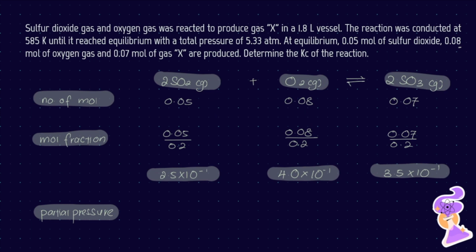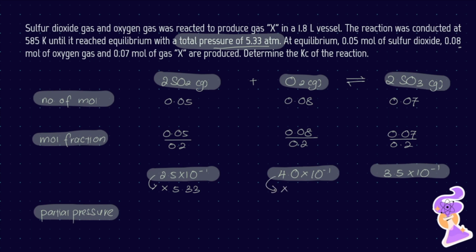Alright, so if we look closely at the question, it gives us the total pressure, which is 5.33. So basically, from the mole fraction, we can calculate the partial pressure by multiplying with the total pressure that we have from the question. So for the partial pressure, this value we are going to times with 5.33.